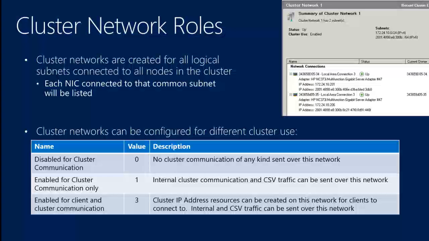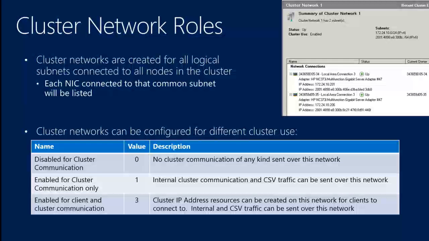So you'll look here and say, I have a single logical network, and I have two nodes here, node 34 and node 35, and here are my two network interfaces. Both of these nodes have network interfaces on the 172.24.10 network, 1201, 1206. So they're two network interfaces on each node in the same logical subnet, and we build those as a cluster network.